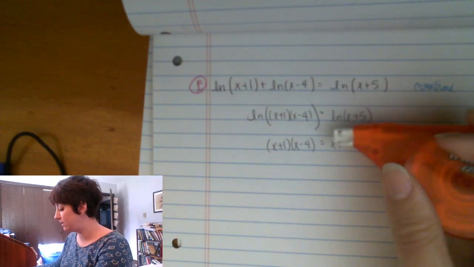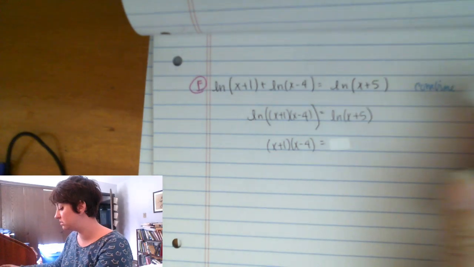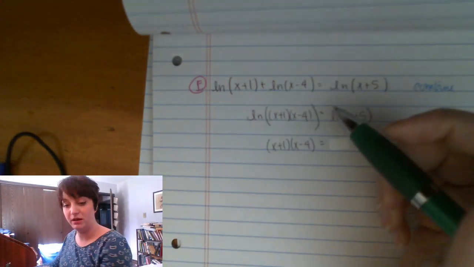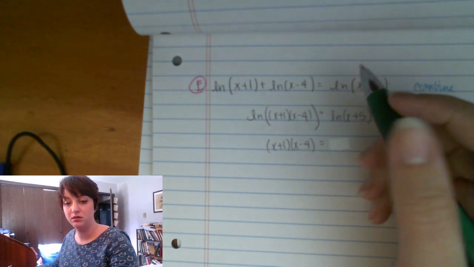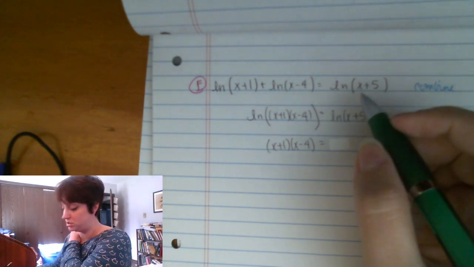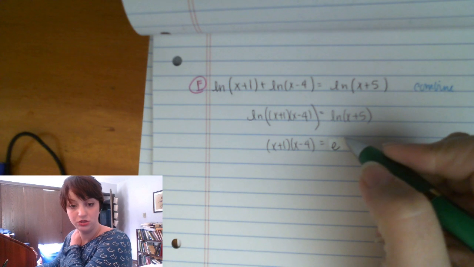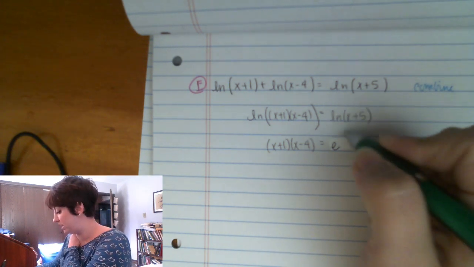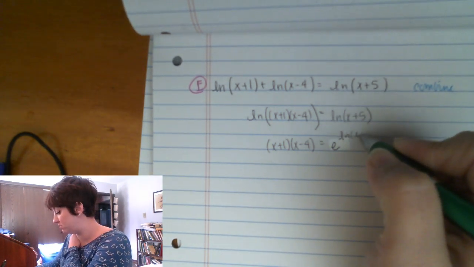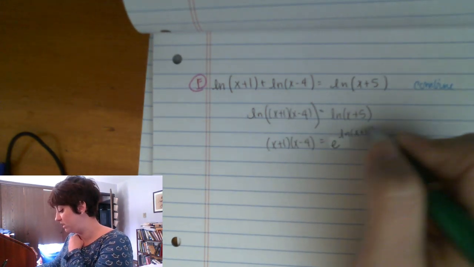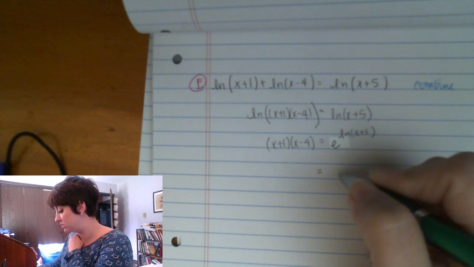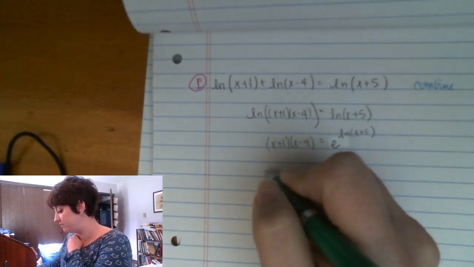Because what's going to happen is I raise my base, which in this case is e, to this power: e to the natural log of x plus 5 equals this stuff, but e to a natural log means those cancel and I just have x plus 5.